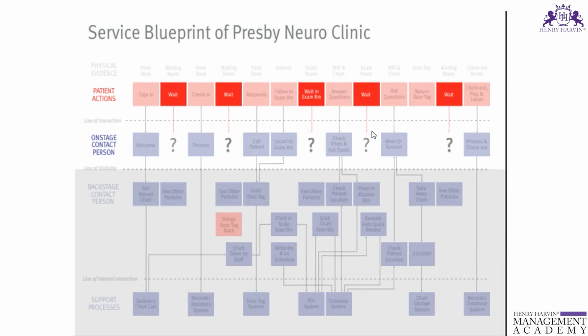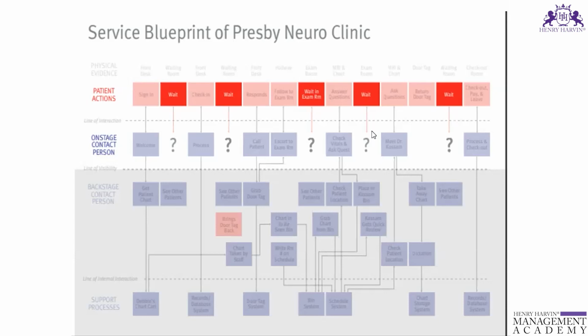Do you feel any backend support process is involved? The file is being opened, and all the medical information is pushed to the specific doctor. Then there is a lot of backstage staff, housekeeping staff, who need to ensure that it is clean, hygienic, and free of infections. Similarly, I will share this slide with you.